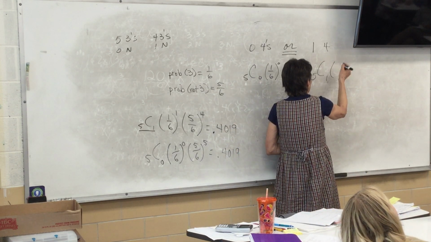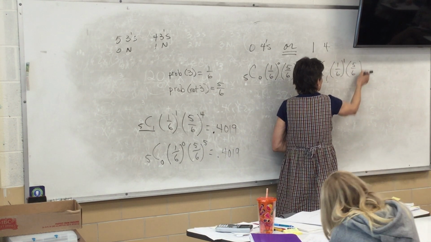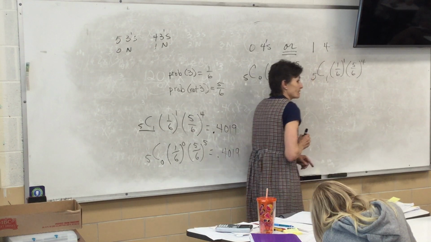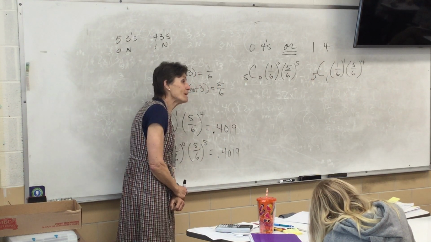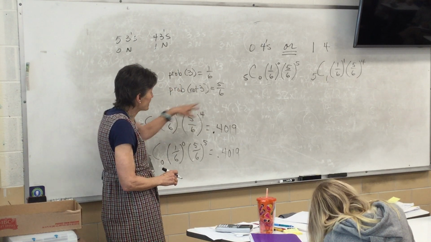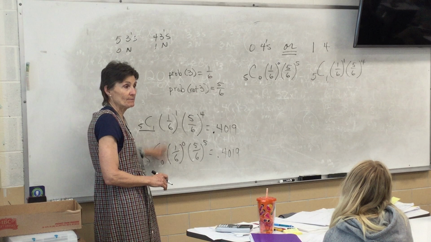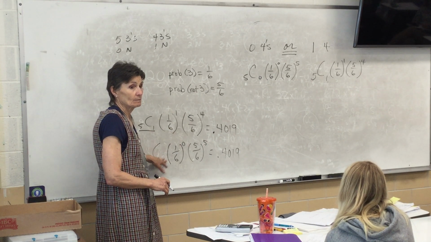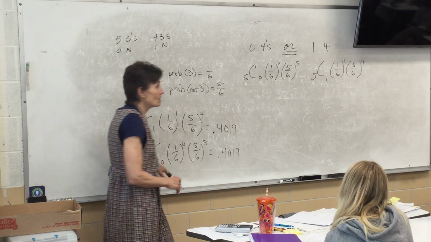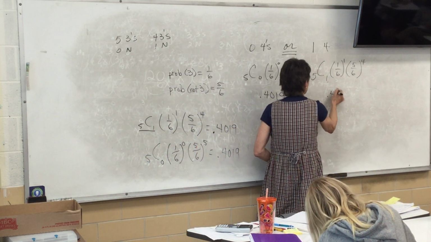The 4 probability is 1/6, and the not 4 probability is 5/6. Now, we actually have already typed those in, right? In our previous 2 examples. Would you agree? So I know that this answer is 0.4019, and so is this one.